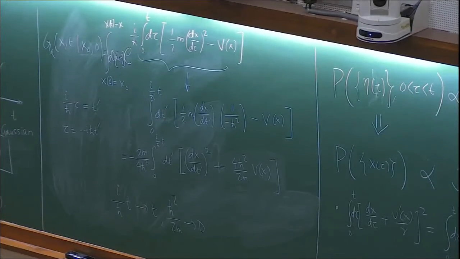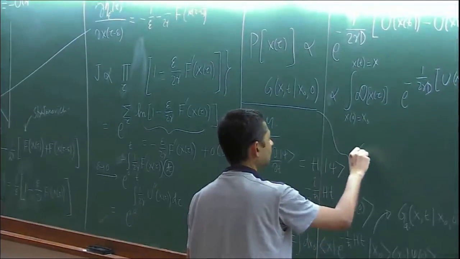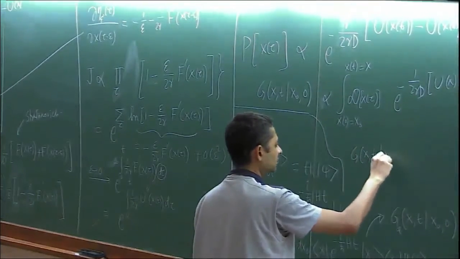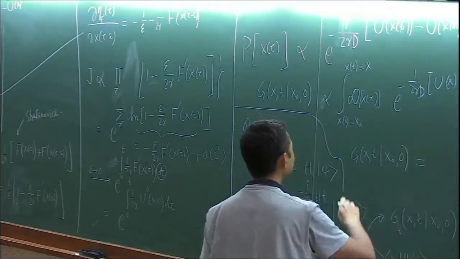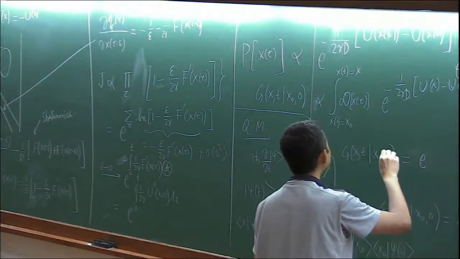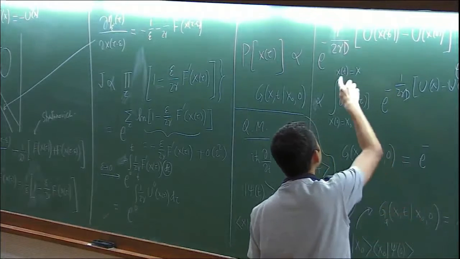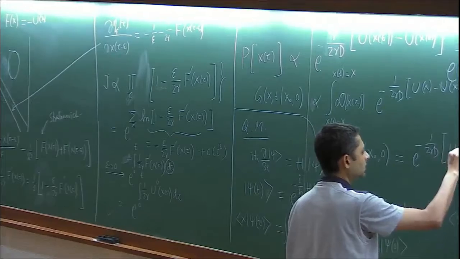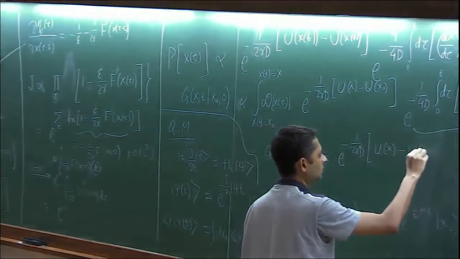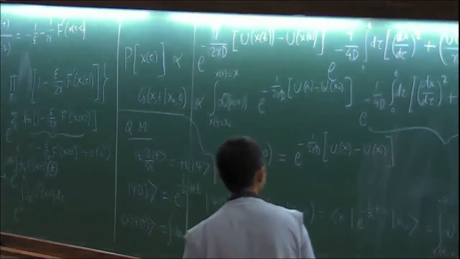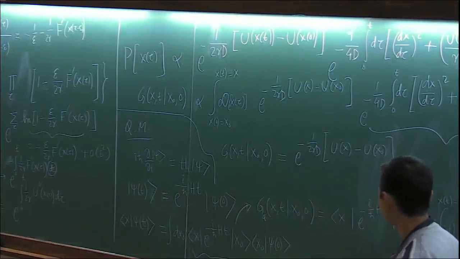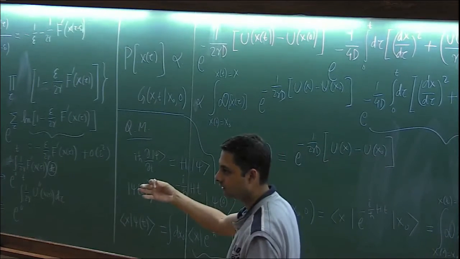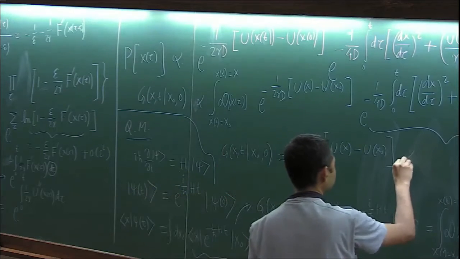Okay? So therefore, this propagator, the classical propagator for a particle, is given by exponential of minus 1 over 2 gamma d, u of x minus u of x0, times the quantum propagator. So what is the quantum propagator?